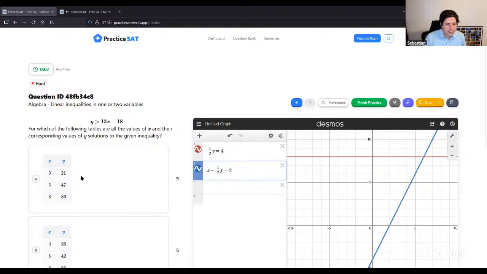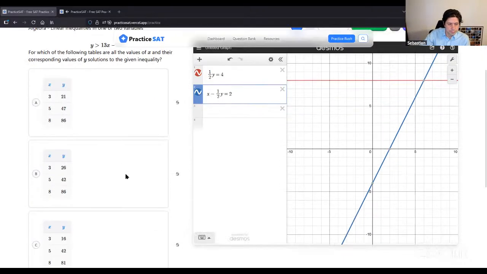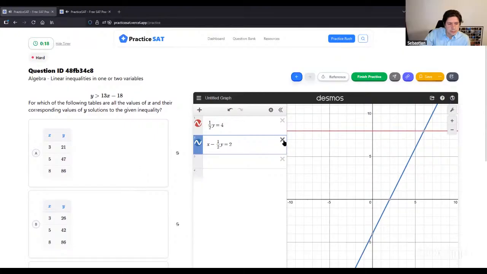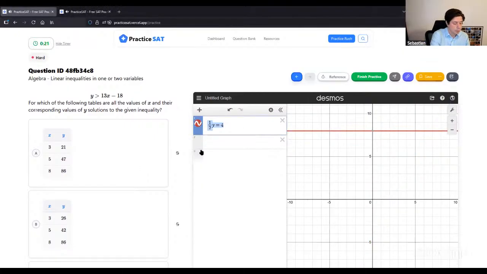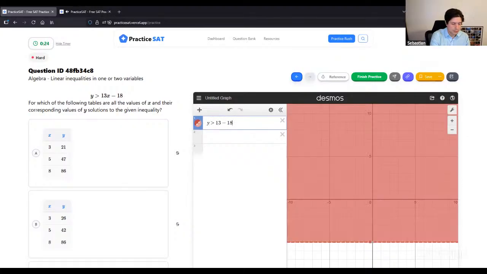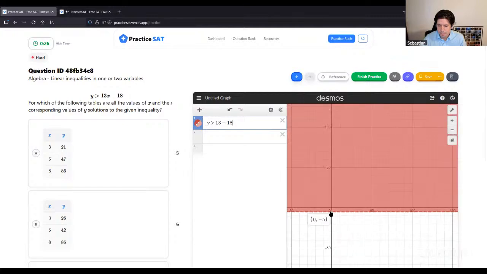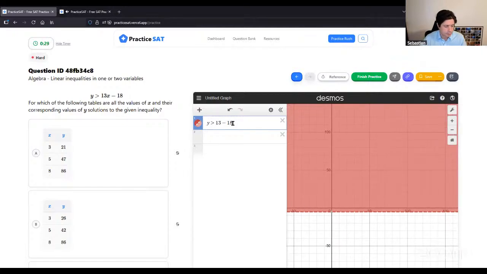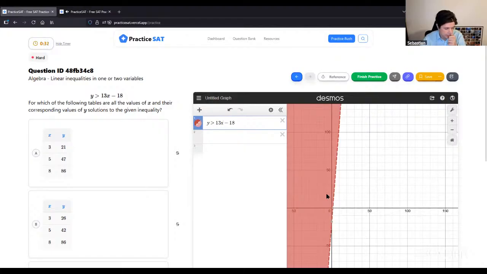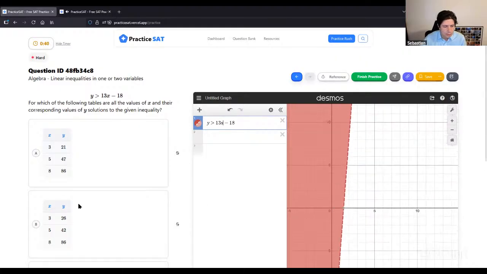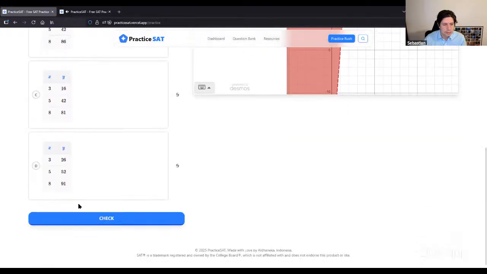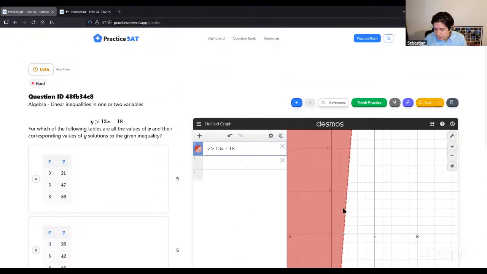For which of the following tables are all the values of x and their corresponding values of y solutions to the given inequality? Okay. Y equals 13x minus 18. Okay, so we got this here. So when x is 3, y is 21.